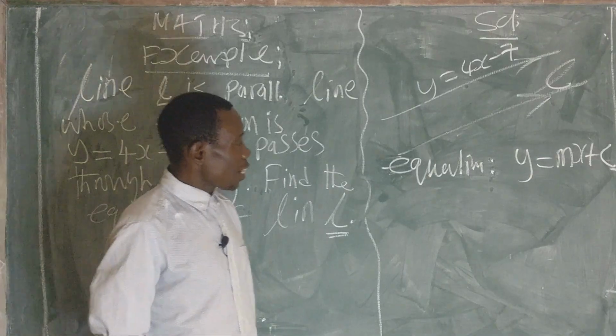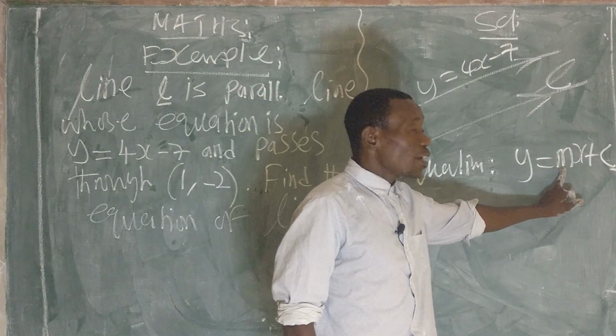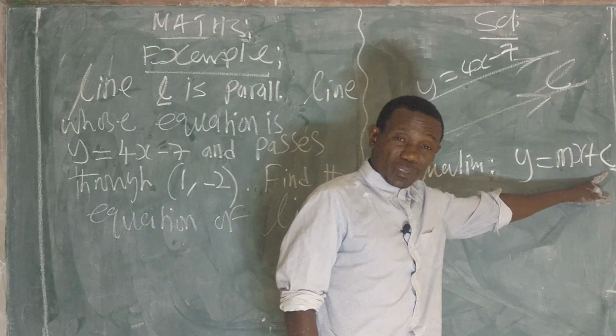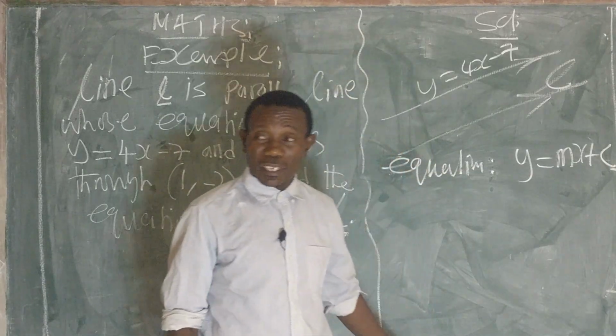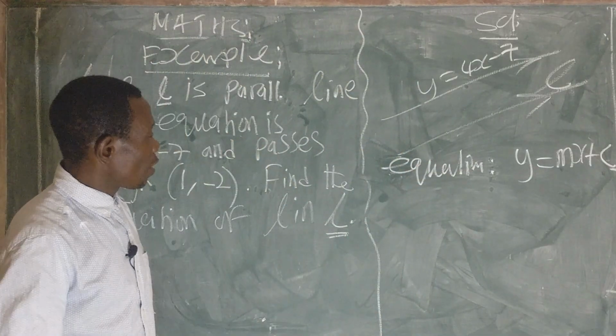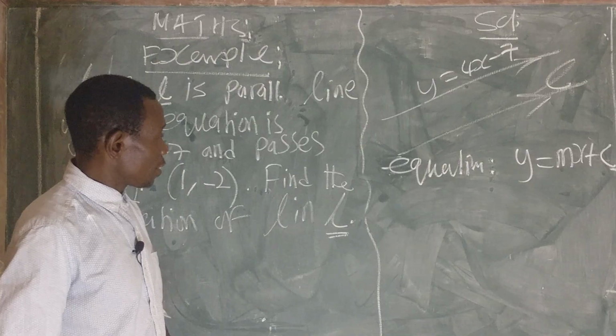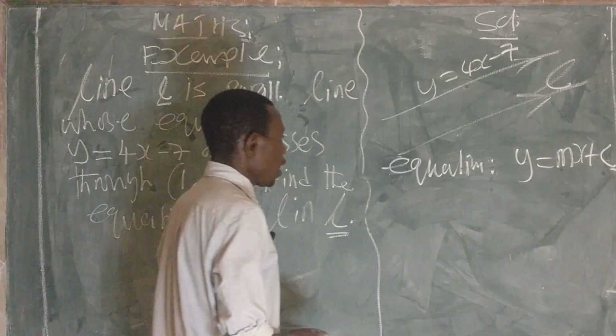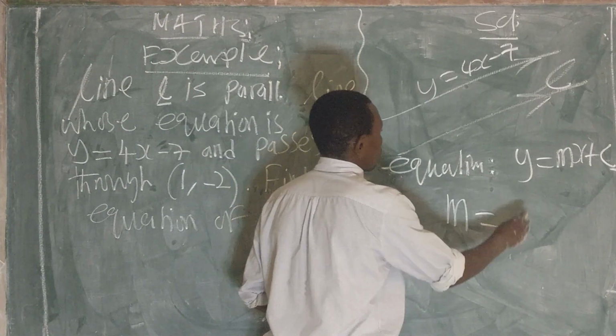So I simply have to find the value of m and the value of c. Once I have them, I just substitute for them. How do you calculate the value of m?